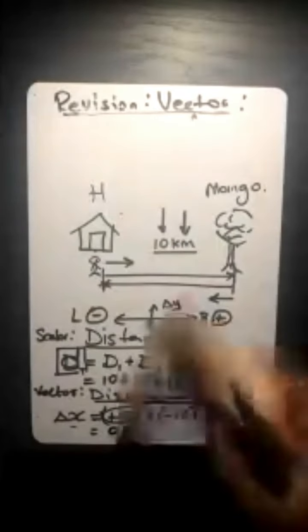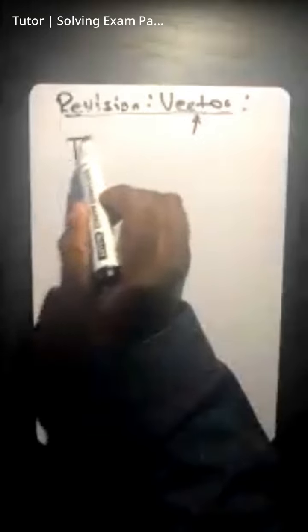So, ladies and gentlemen, I understand that you have a background in how we deal with vector quantities. So now let's proceed with that revision where we look at a vector. I've already explained how to represent a vector quantity using a force.